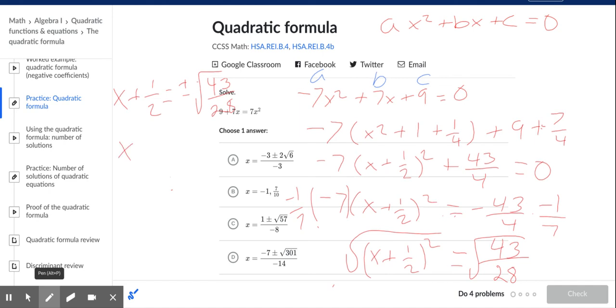And then I would just subtract 1/2. So x equals negative 1/2 plus or minus the square root of 43 over 28.